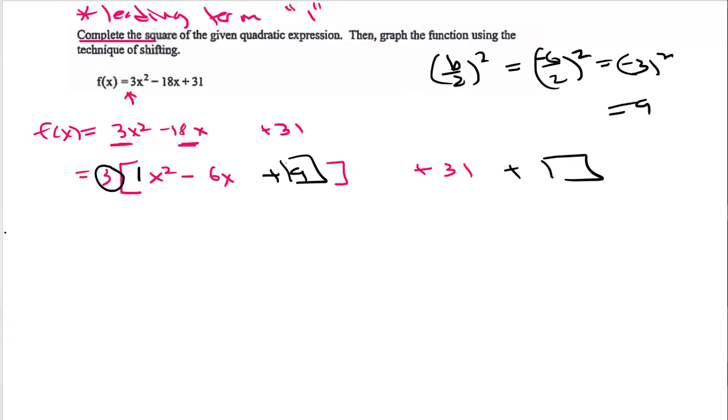So we have a factor of 3. So it'll be 3 times 9, which is equal to 27. So we're not going to subtract 9 here, but we're going to subtract 27, because our number has changed because we pulled out that 3.